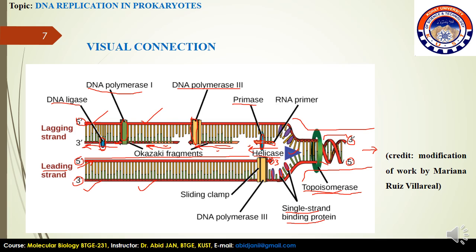Only one new DNA strand, the one that is complementary to the 3' to 5' parental DNA strand, can be synthesized continuously towards the replication fork. This continuously synthesized strand, this one, is known as the leading strand.